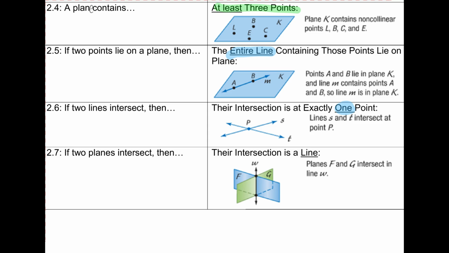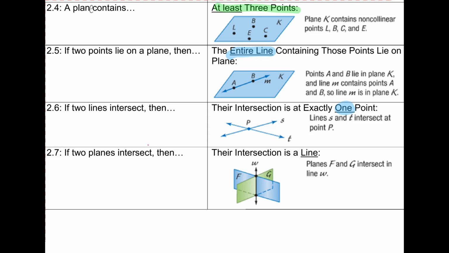And that's why I had you guys do karate chop, because there's only 1 point between the 2 of you that were touching. And here's the thing. If you have a line and then another line that's lying right on top of it, that's not an intersection. That's just the exact same line, so that doesn't count. That's from Algebra 1. All right, so if you have 2 lines intersect, they only touch at 1 point.